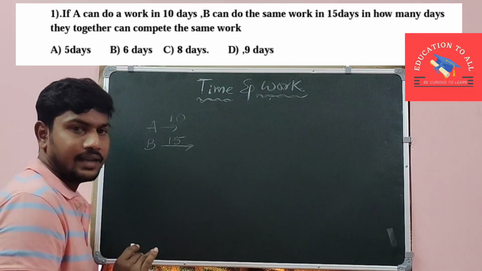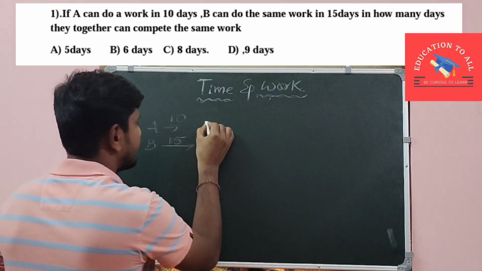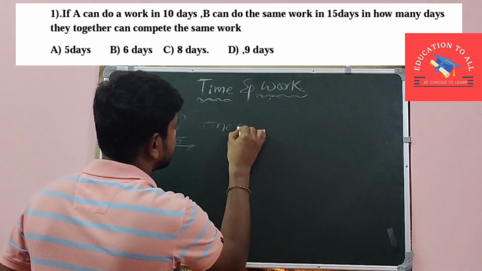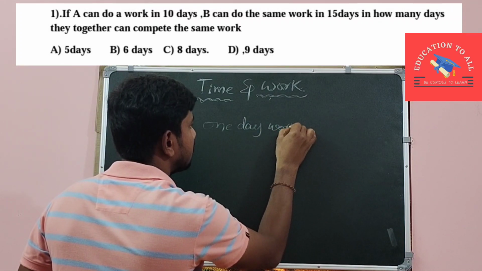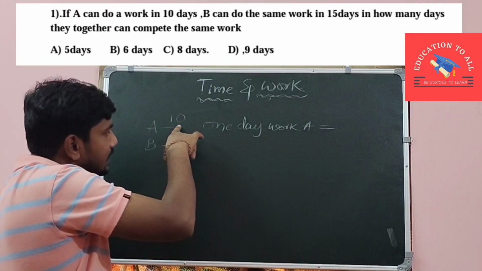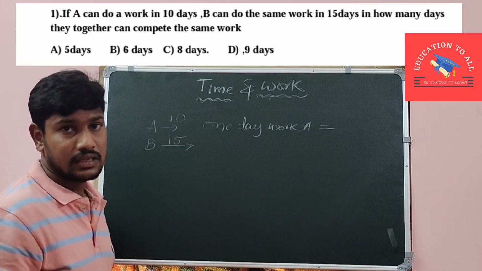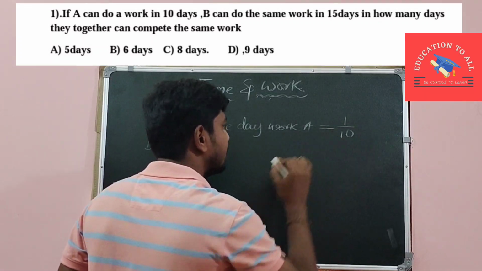Please listen carefully. I am finding the 1 day work of A. One day work of A is the reciprocal of the number of days A takes. So it is 1 by 10.